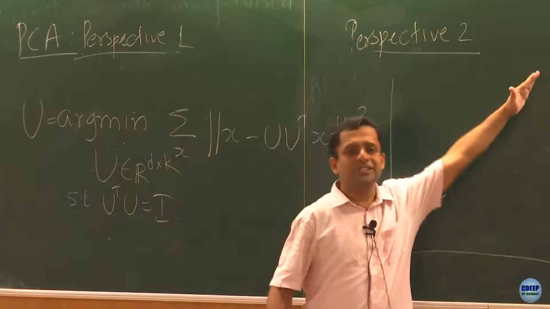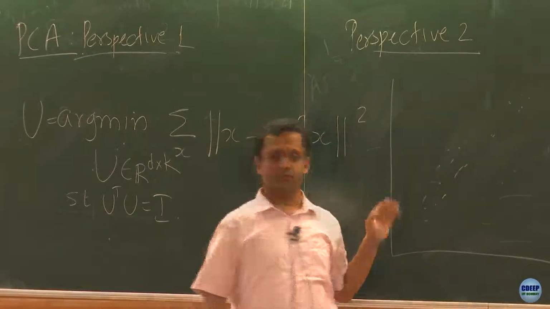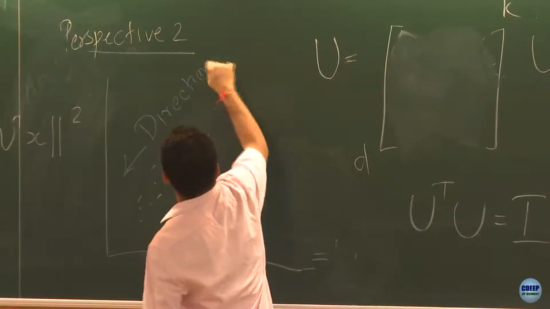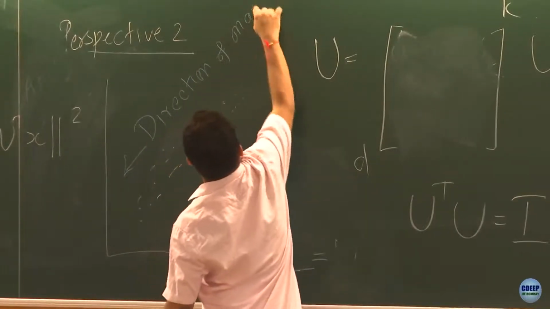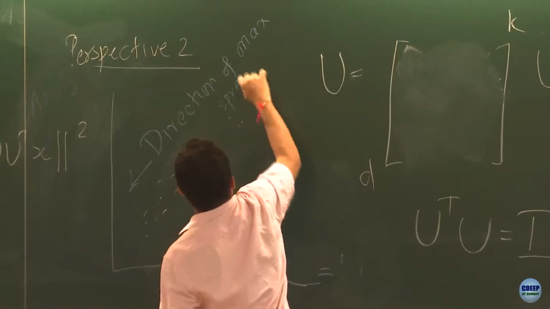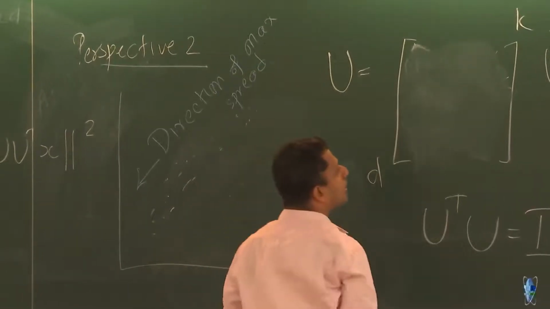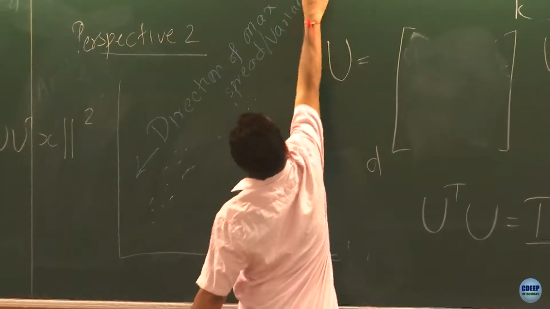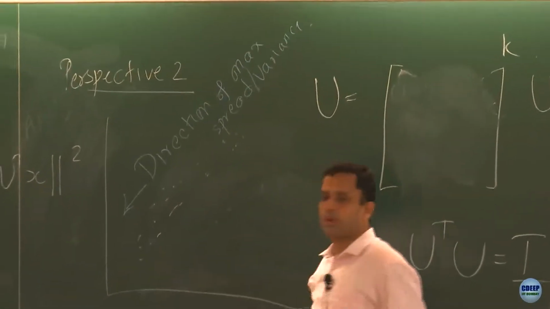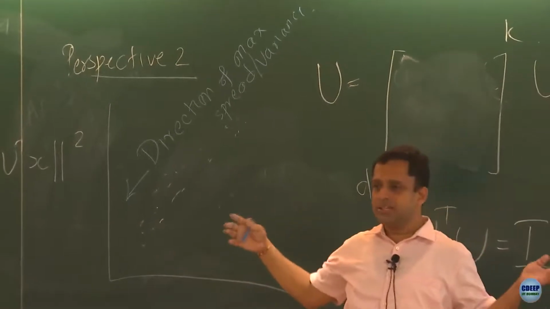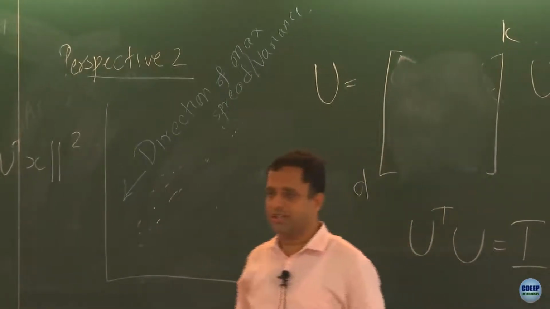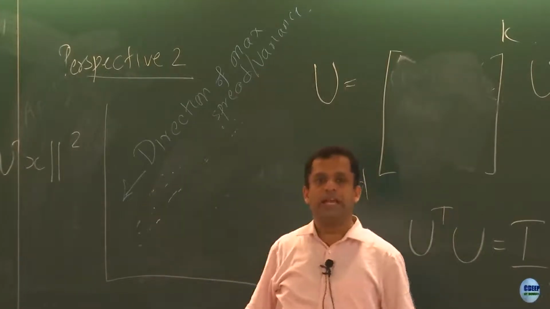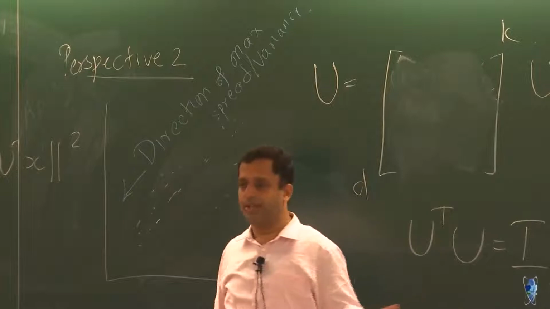This is the direction of max spread or variance. Spread is also what we talk about as variance. So can I find the direction of maximum spread and then the direction of next maximum spread and so on?